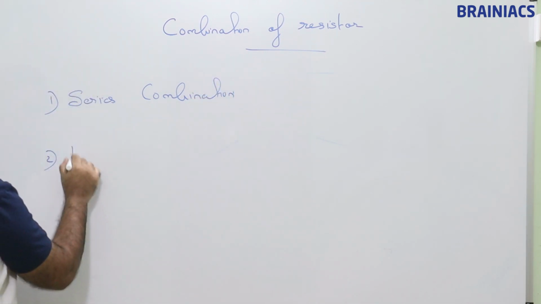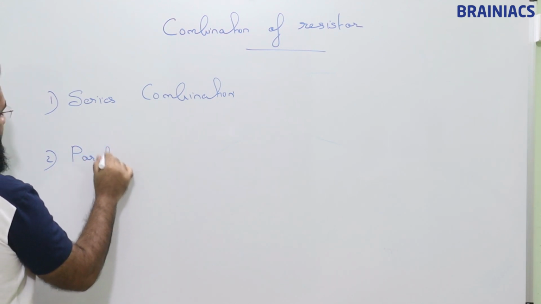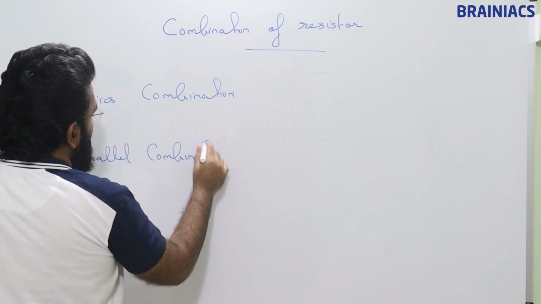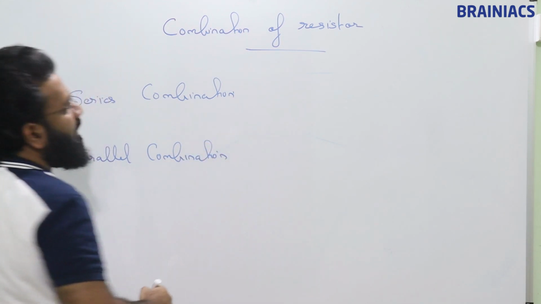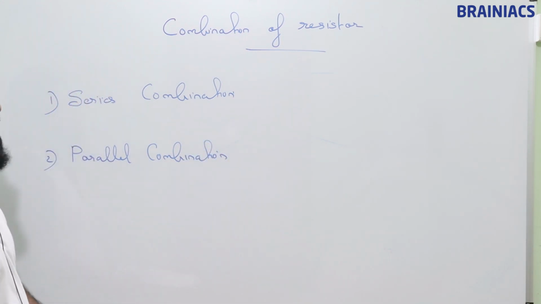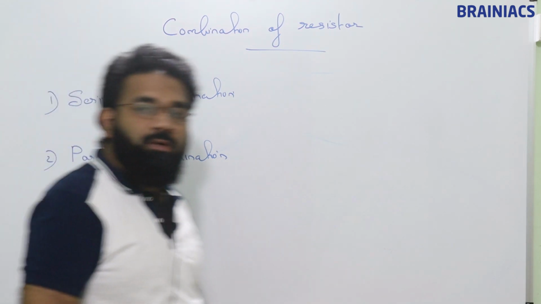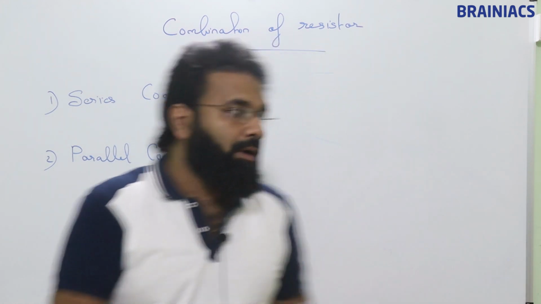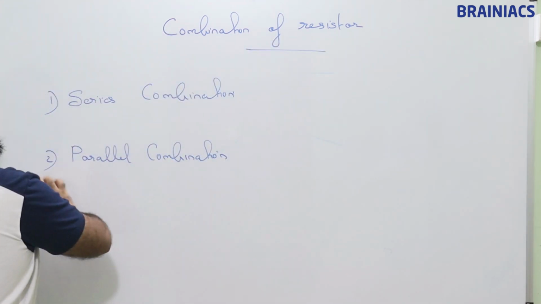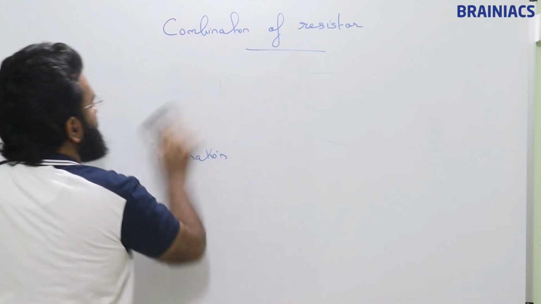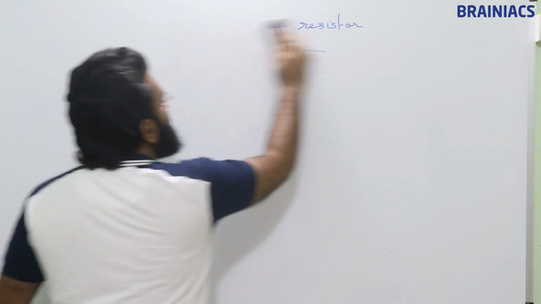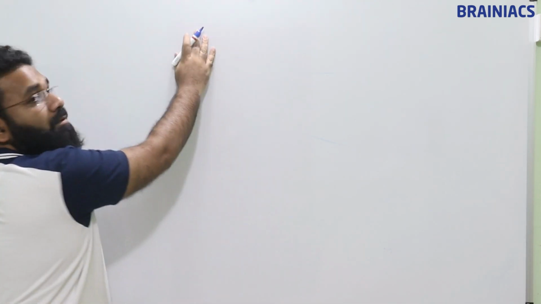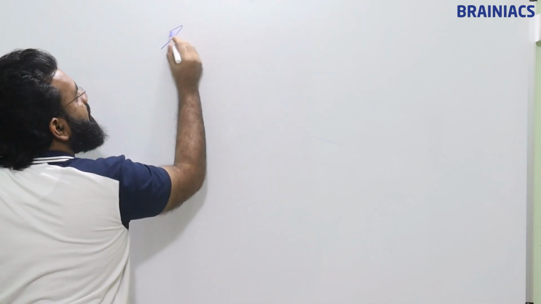Then we will study parallel combination, series combination and parallel combination. So first we will see series combination. If two resistances are connected in series, what will be the effect?